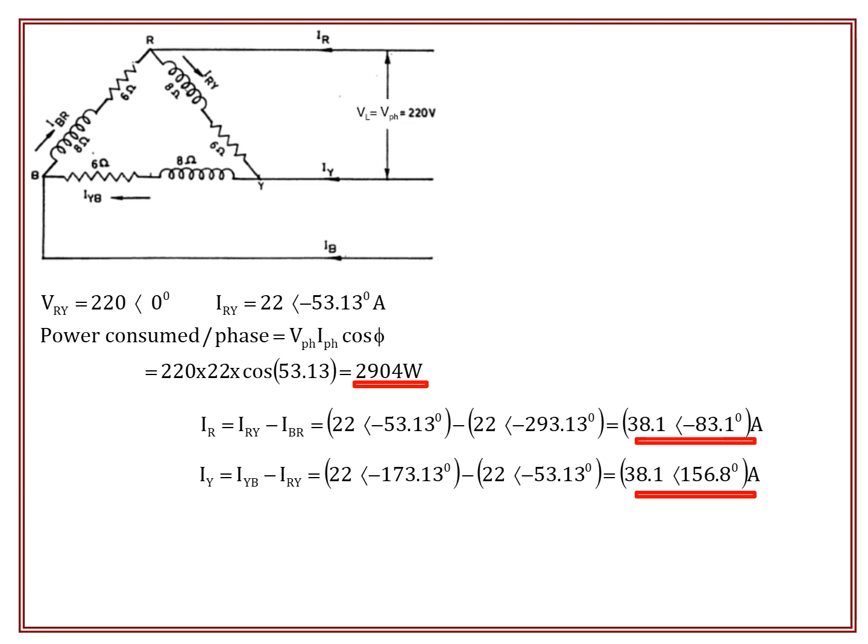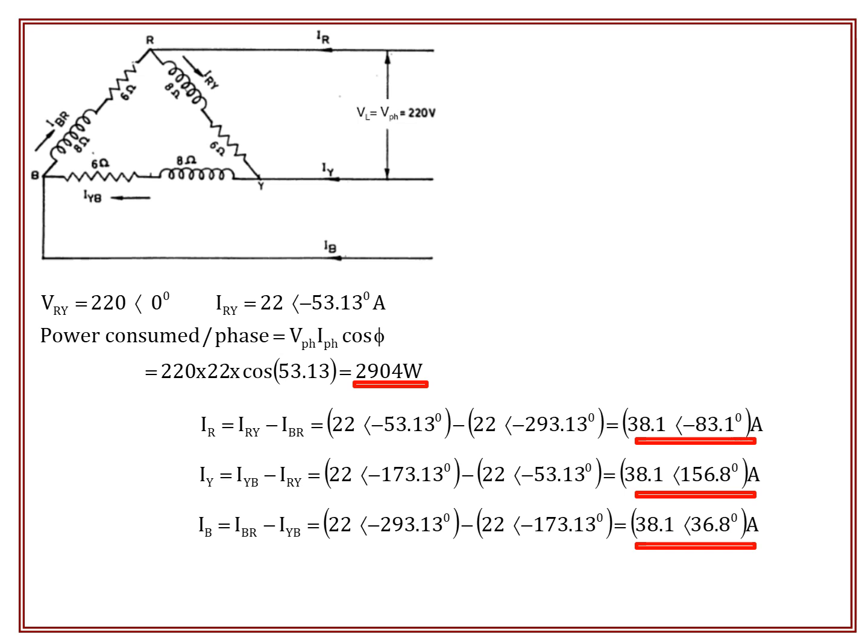Applying KCL at point Y, we get IY equal to IYB minus IRY. Substituting IYB and IRY, we get IY as 38.1 angle 156.8 degree. Applying KCL at point B, we can write IB equal to IBR minus IYB. Substituting IBR and IYB, we get IB as 38.1 angle 36.8.